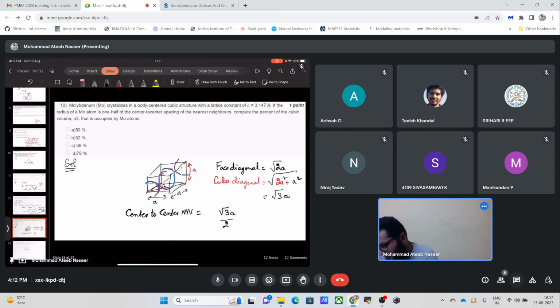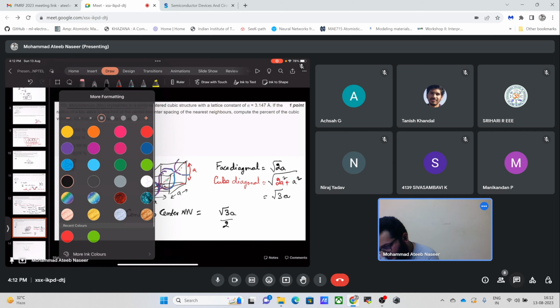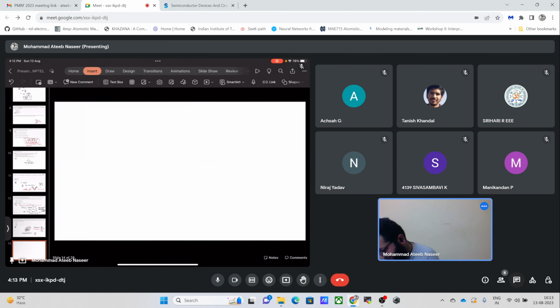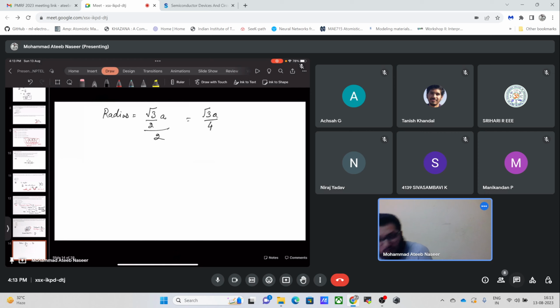So this molybdenum radius is half of this thing. It would be root 3 by 2 divided by 2, or simply root 3a by 4.